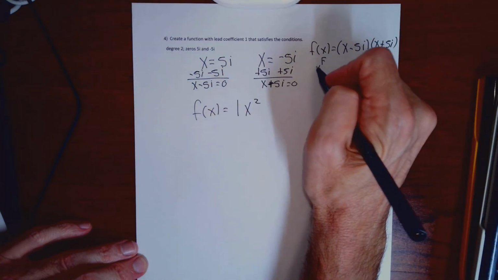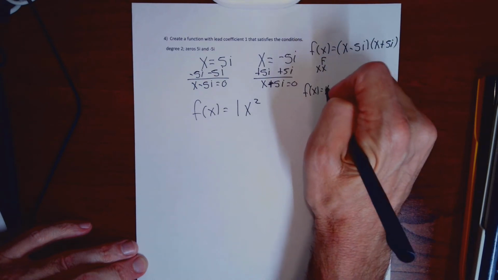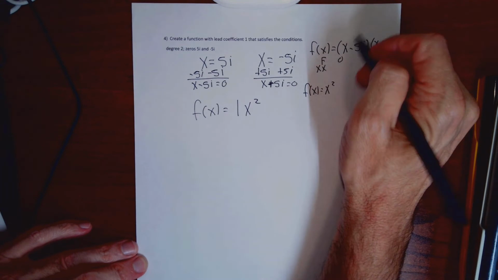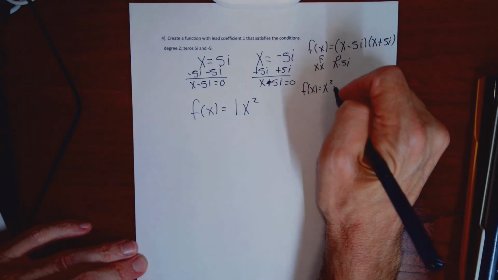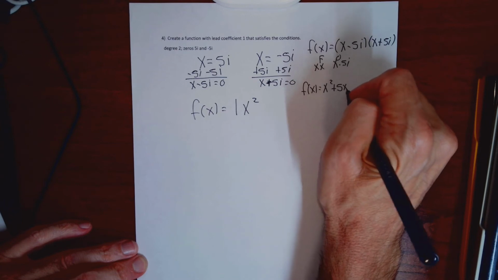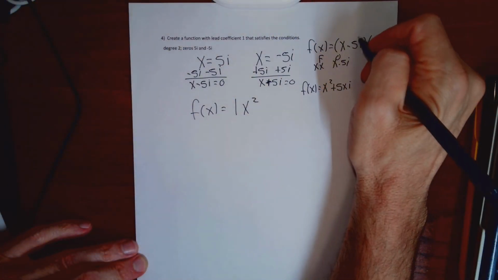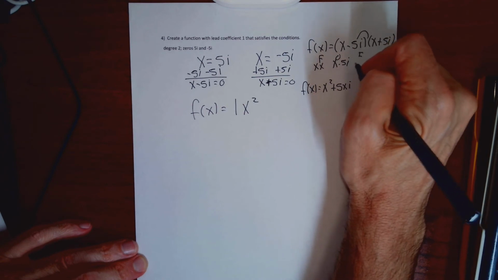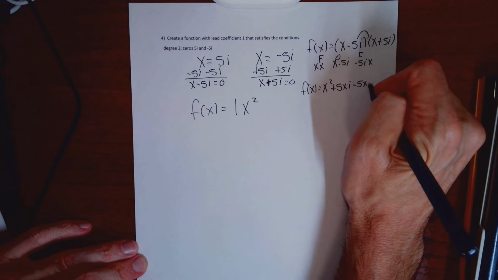My firsts are going to be x and x, which will be x squared. My outers are going to be x times 5i, and I might write that as plus 5xi. Might be 5ix, might be better, but it doesn't matter because it's going to cancel. My inners are minus 5i times x, that's minus 5xi.